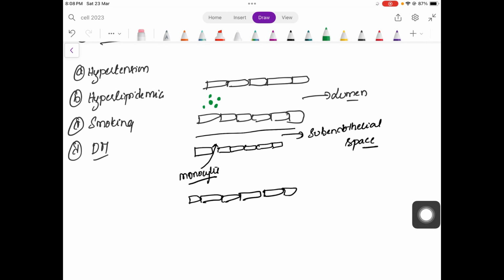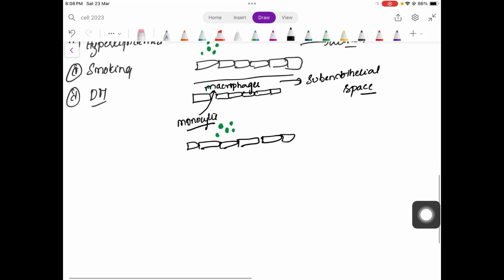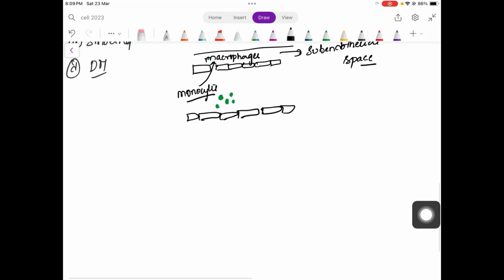So here we have LDL molecules, and monocytes, when they move into the subendothelial space, are converted into macrophages. Due to the gap creation, LDL molecules will also move from inside the lumen into the endothelium.